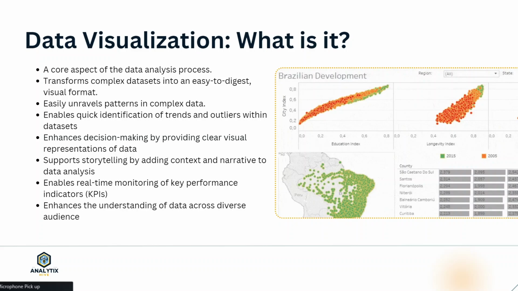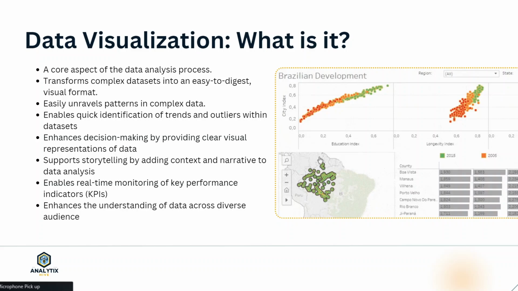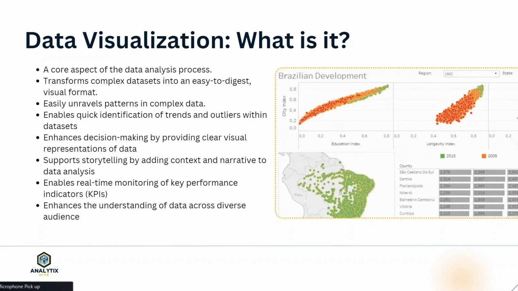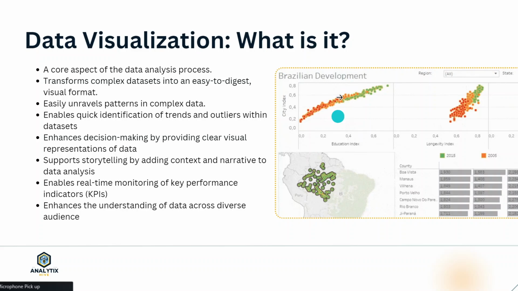And it transforms complex data sets into an easy to understand, easy to digest visual format. It makes it easy for us to unravel patterns in complex data, being that in place of a million rows and columns of data, you can simply represent them as an image. So like you can see here now, we have this chart showing right here.